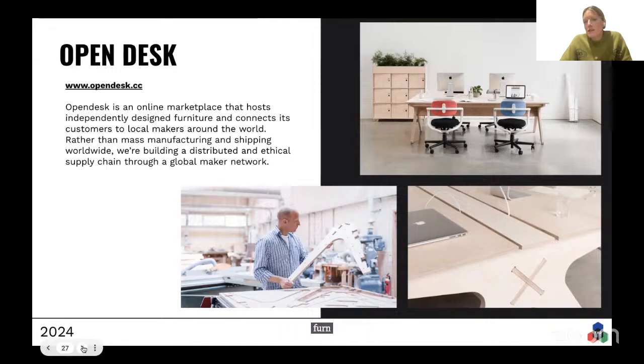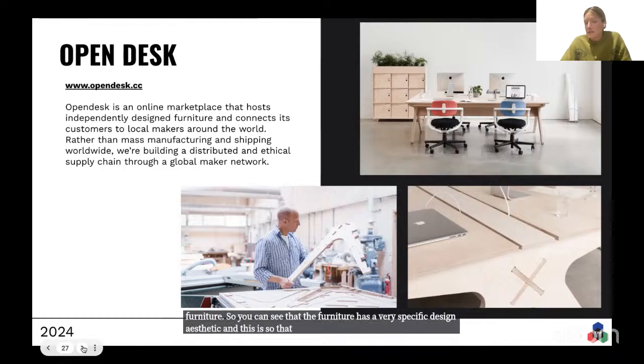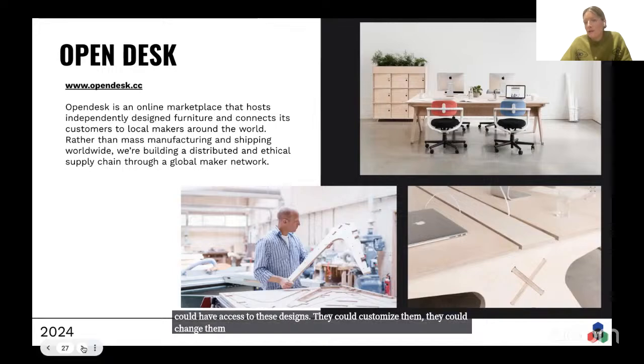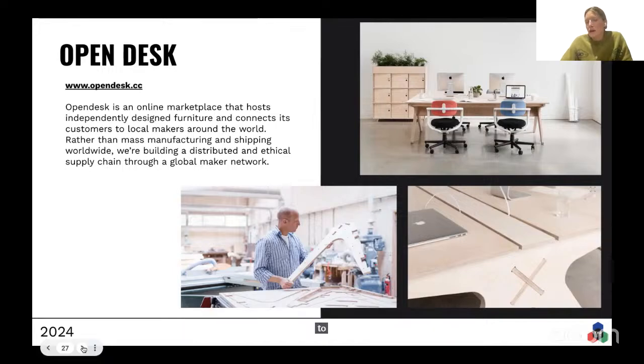You can see that the furniture has a very specific design aesthetic, and this is so that it can be, in this case, CNC'd. This meant that designers all over the world could have access to these designs. They could customize them, they could change them, and then produce them locally in a fab lab to, for example, in this case, use in their office.